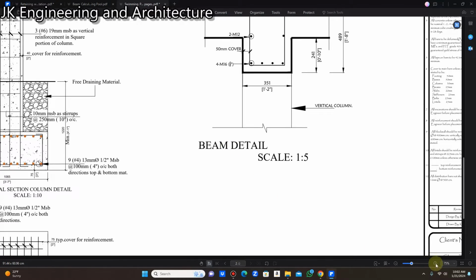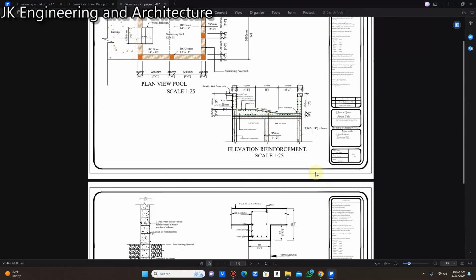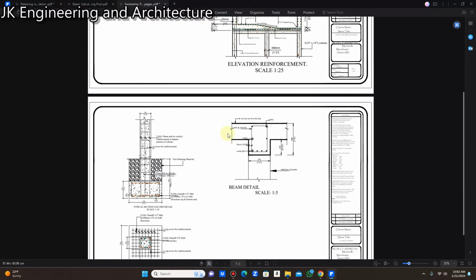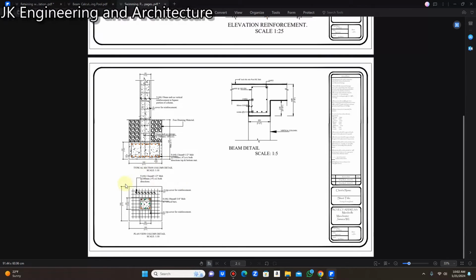All right, so that pretty much takes care of a quick synopsis of this pool. I have talked to you about the plan view of the pool. I've briefly gone over the section view, the column view, and this is the plan view of the column here. I didn't mention this, but it's the same thing here, right?